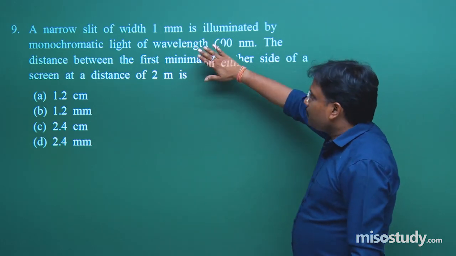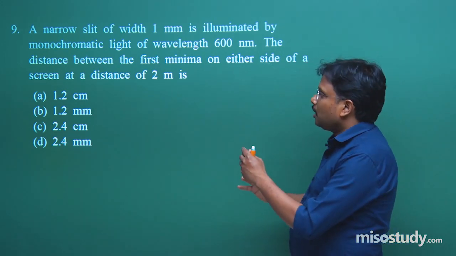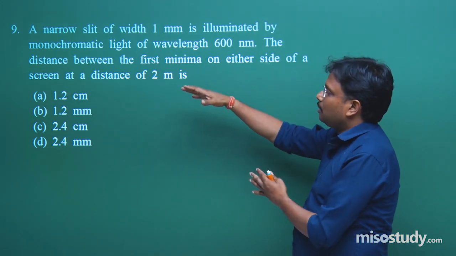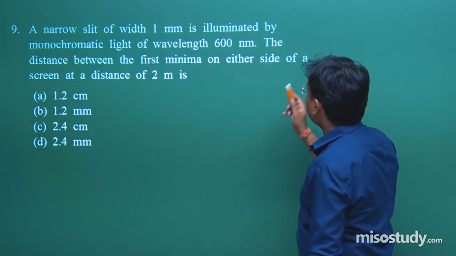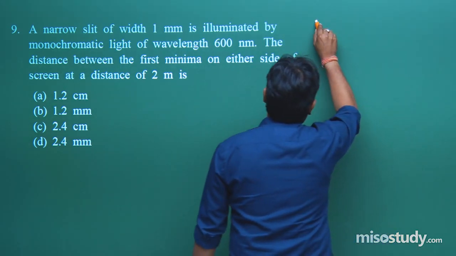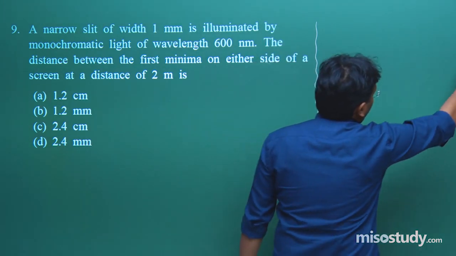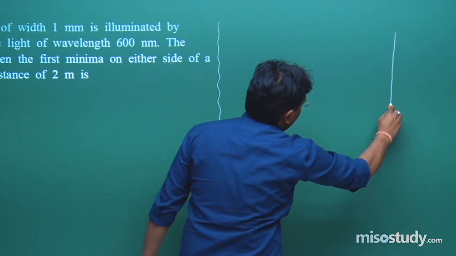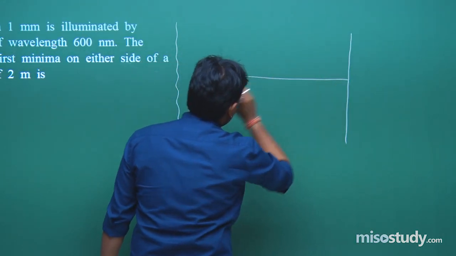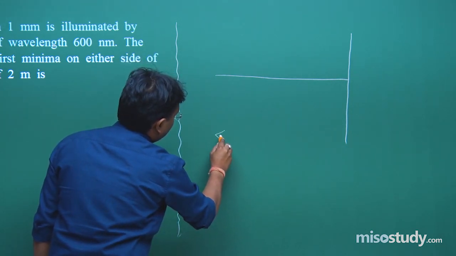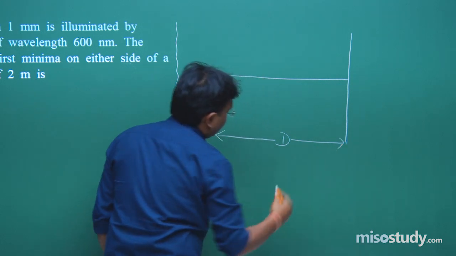Why I am saying so? Because in this question, whatever I explained in just the previous question, you can say is a beautiful application of that concept only. Fine. Let us try to translate this question. This is the screen and this distance is capital D. Fine.